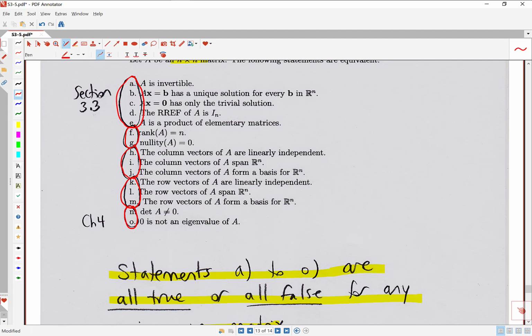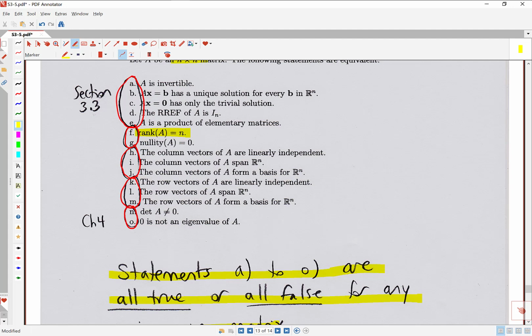If we look at F and G, F is a statement that the rank of A is equal to n. And that's actually, of all the things on the list, all 15 statements here, calculating the rank is what I would consider the easiest thing to check. Out of all 15 properties, this is the easiest thing to check.